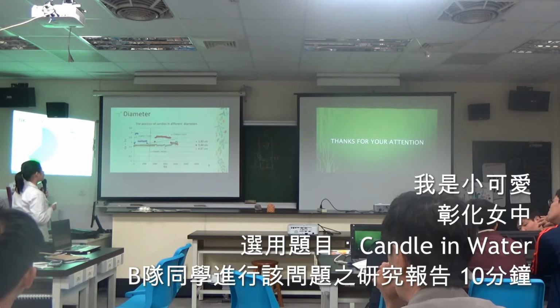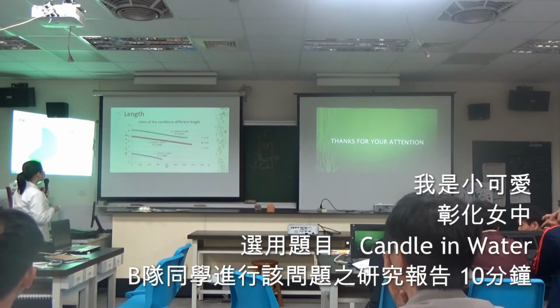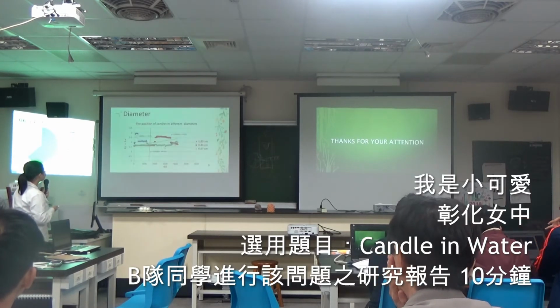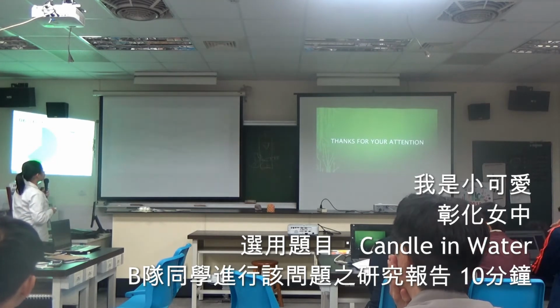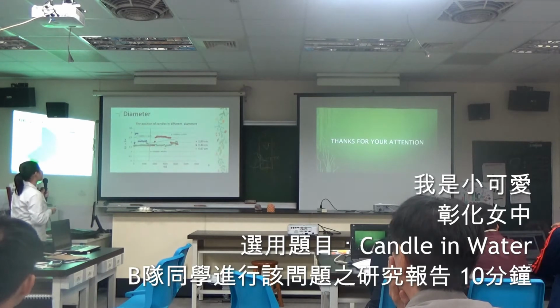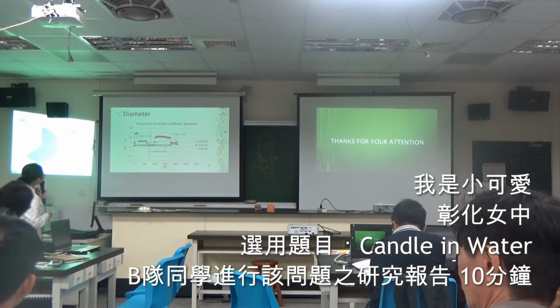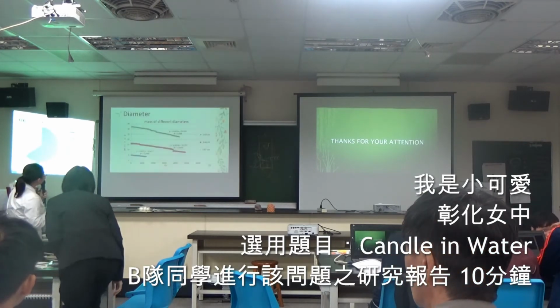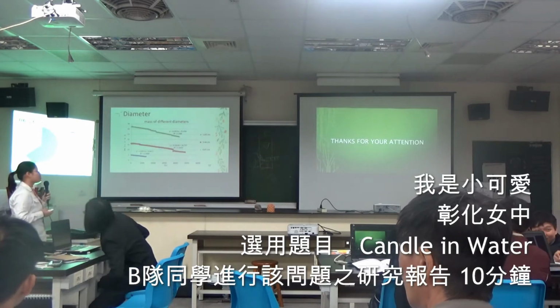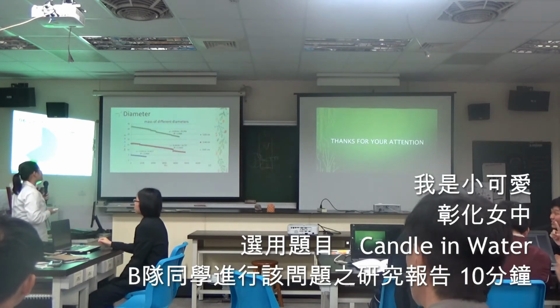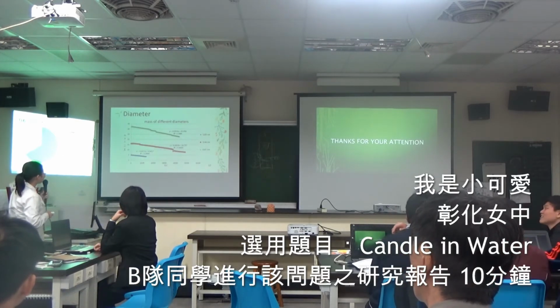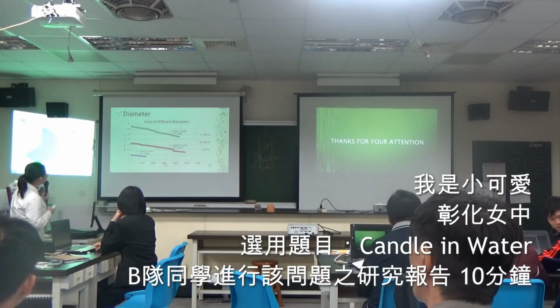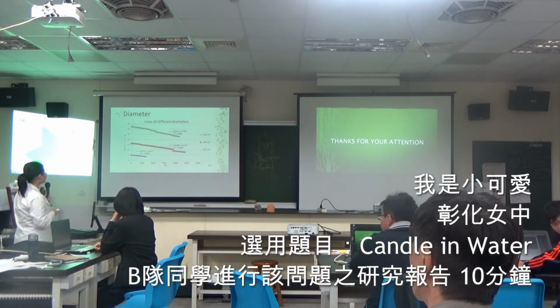And this is the variation of the mass of the candle, and we can find that the 4.83871 one has its mass decreased faster.